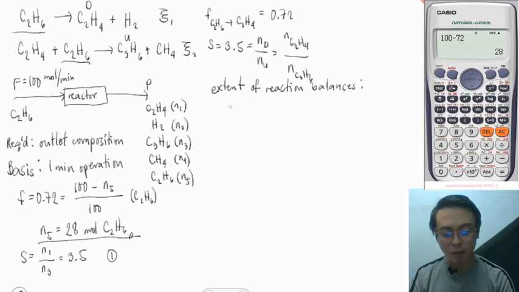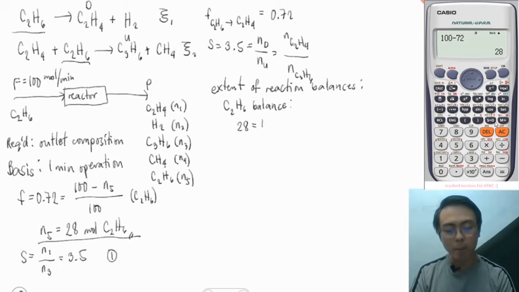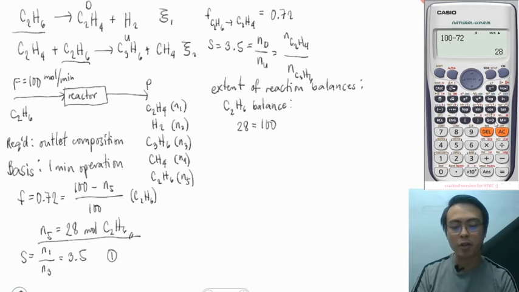Let's perform the extent of reaction balance for C2H6. The output of C2H6 is N5, that is 28, equal to in, that is 100, and then from the first equation, C2H6 is a reactant, so that is minus extent 1.